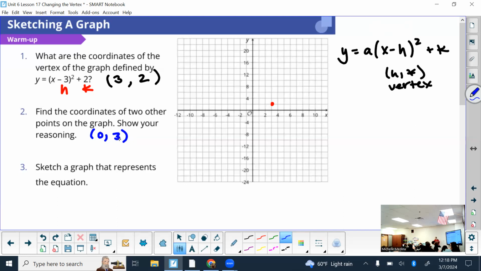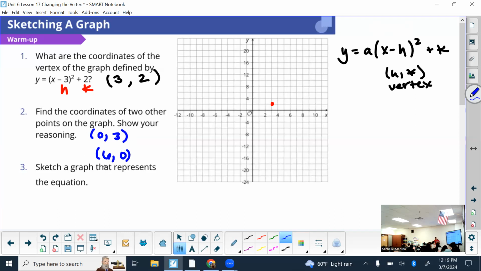Okay, we'll come back to you. Table 6, what's the point that you said is on the graph? Oh, well, I think I know the x is 6, but I don't know what the y is. So we have an x-intercept at 6, is that what you're saying? Okay. Anyone else have one they want to add? Okay, we'll see if those are even on there. They might not be.